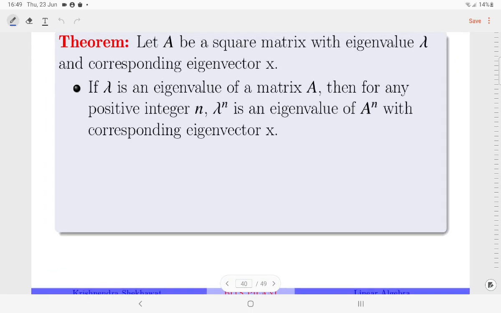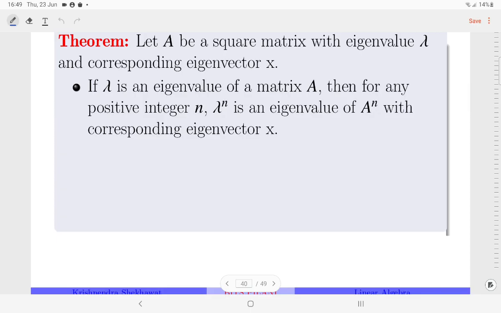Now the next quick observation is, if lambda is an eigenvalue of matrix A and n is a positive integer, then lambda raised to the power n is an eigenvalue of A raised to the power n. This is very easy to verify. If Ax is equal to lambda x, and you multiply A on both sides, this becomes A square x, which is A lambda x, which is lambda Ax, and Ax is lambda x, so it becomes lambda square x.